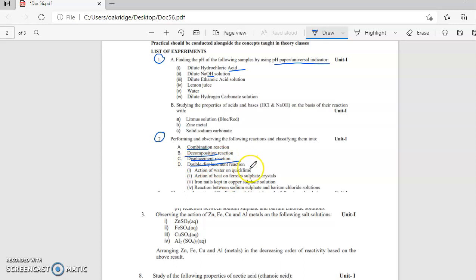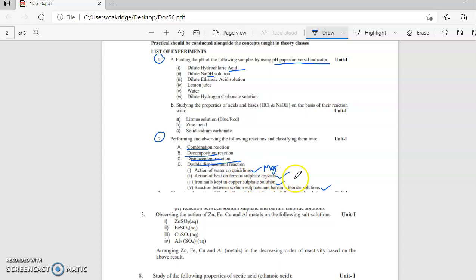Here, this is the combination reaction. This is the decomposition reaction. This is the displacement, and this is the double displacement reaction, which is also the precipitation reaction. These four prompts are given to us, but basically we can test different chemicals in the lab other than what is given here. For example, we can burn magnesium ribbon and say this is a combination reaction.